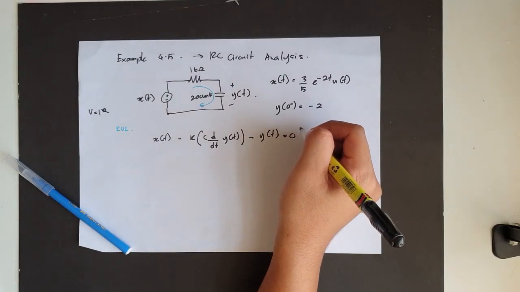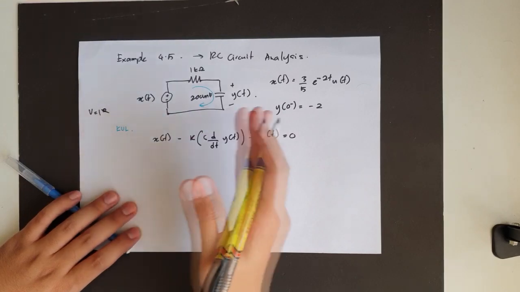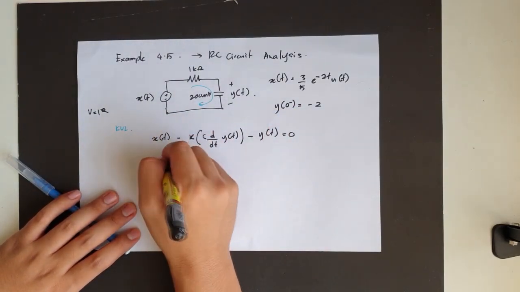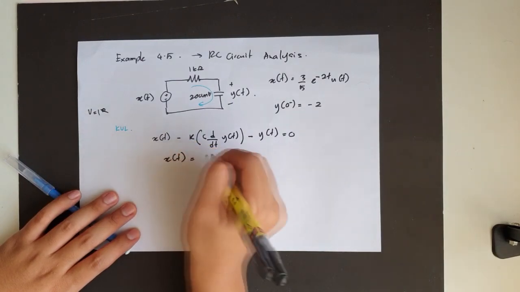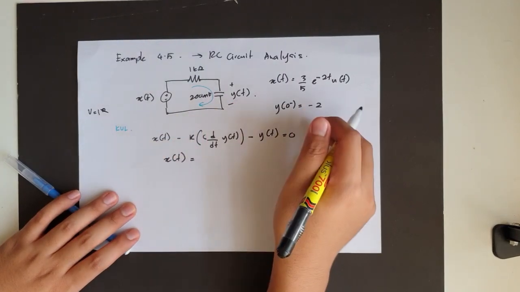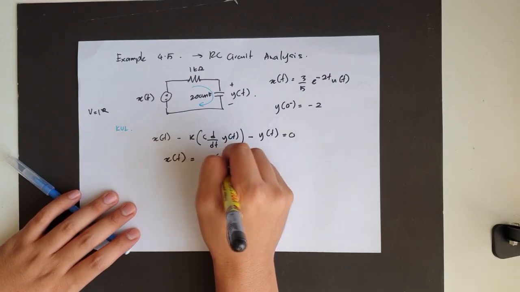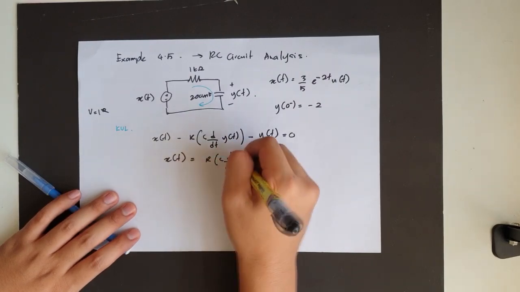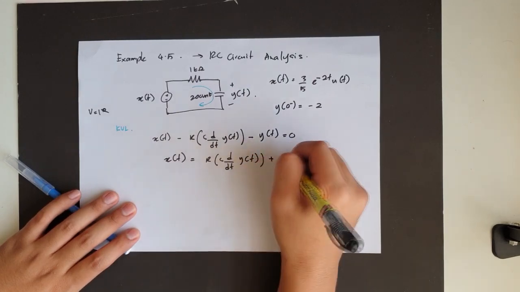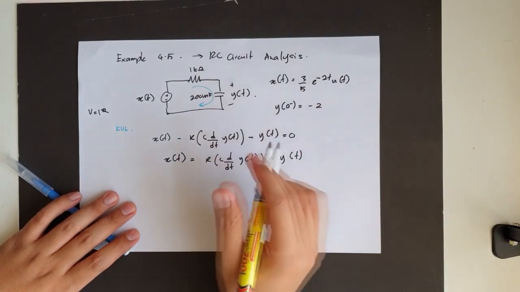Minus the y(t) voltage here, equal to 0. According to this, we want to separate x(t) and y(t). So x(t) equals, bringing the negative to the right side, RC d/dt y(t) plus y(t).